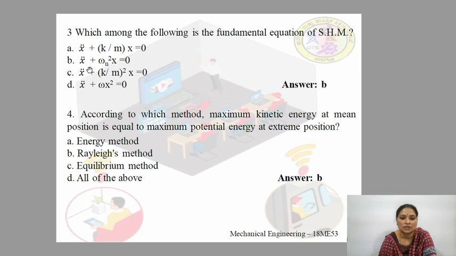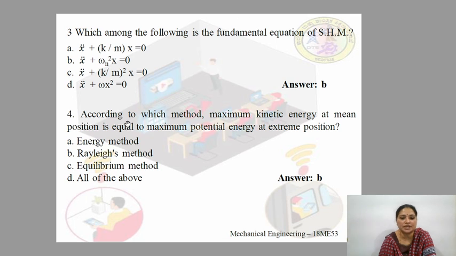So the other three options, x double dot plus k by m x is equal to 0, x double dot plus k by m whole square x is equal to 0, and x double dot plus omega x square is equal to 0, are wrong answers. That is, answer B is the right answer.